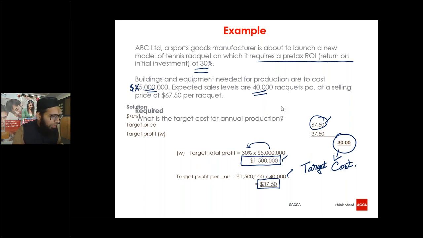So don't worry about that. Once again, a student has asked me the indication of using markup or margin. As I said earlier, I have included a question that relates to markup and margin, and I will discuss your point at that time.